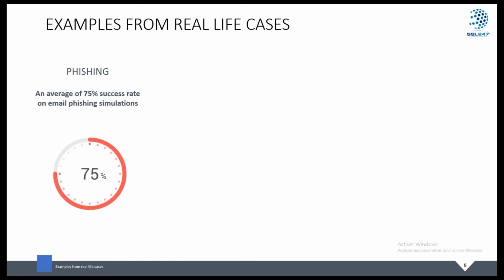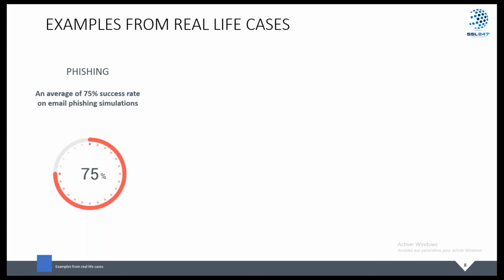But still, it's a 75% success rate. So people are getting phished, and when using known web applications they know, their guard is lowered, and they always click and give their credentials.